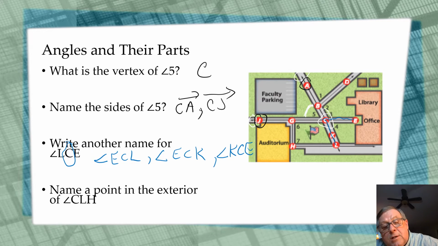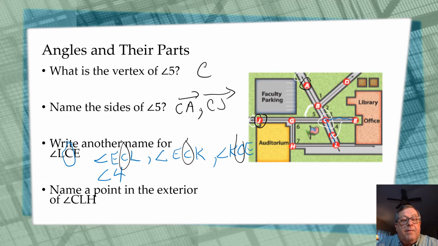Oh, I could also name this angle 4. Now, when I name it using the sides, I always want to have that vertex in the center of my naming convention. That is important, and you can see that in these right here. C's in the middle, C's in the middle, C's in the middle, because C is the vertex there.